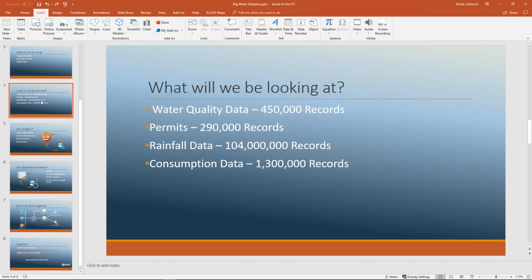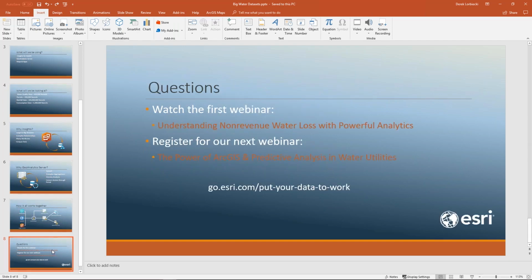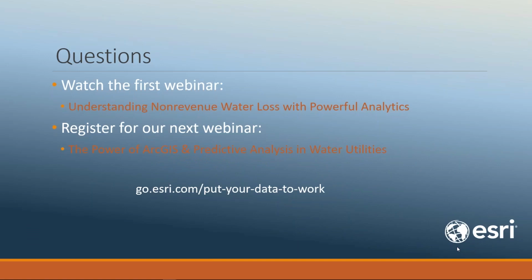And then lastly, we took something like permits and used it to find out not only the density of those locations, but what the real world impact is based on their pump capacity. These are just a couple of examples of the ways that we can use tools like GeoAnalytics Server and Insights to take those big data sets that we've been collecting over years and years inside of our various organizations and really start to answer questions about them.